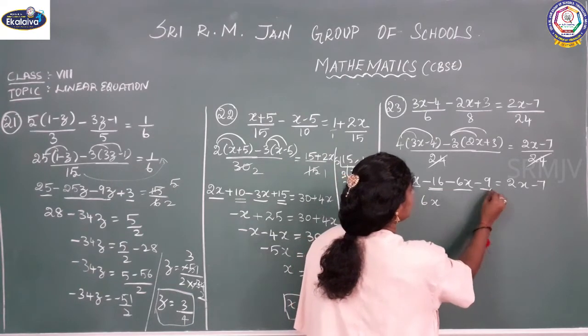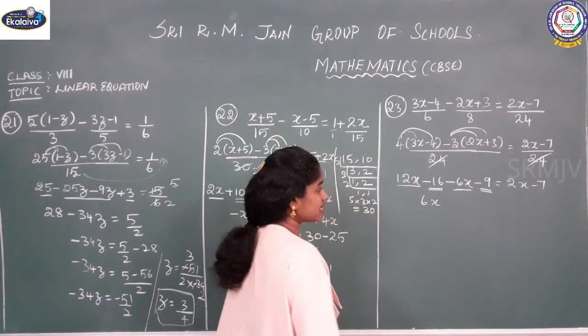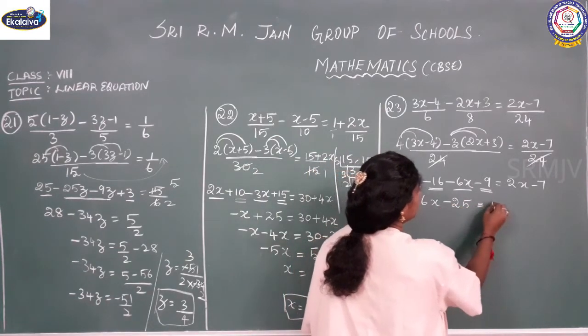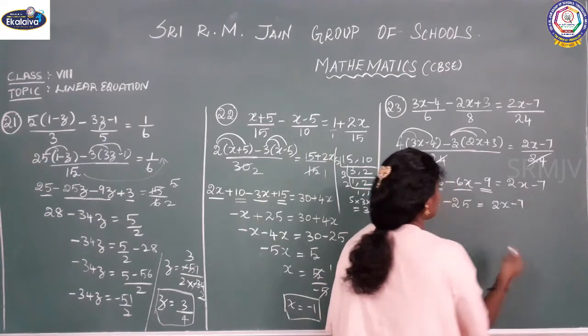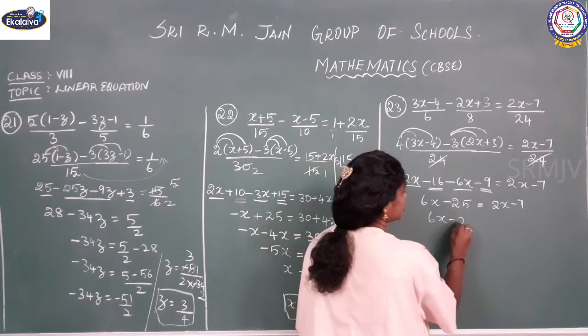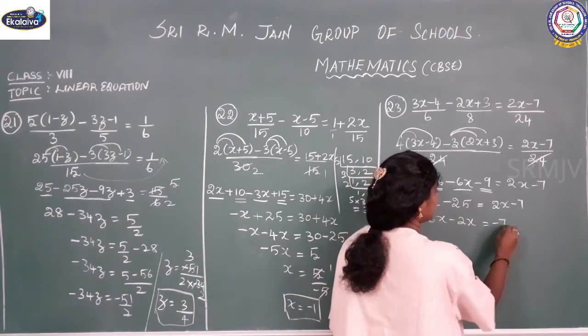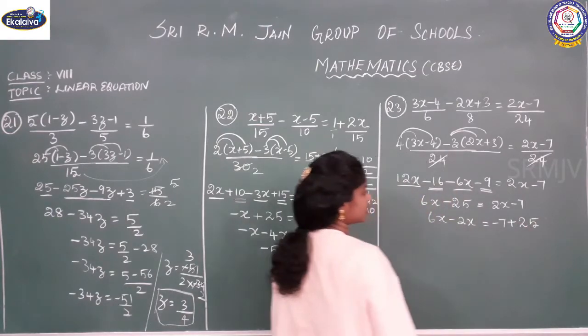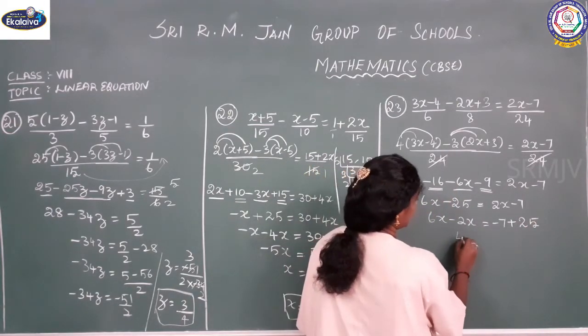Minus 16 minus 9 I'll get minus 25. Equal to 2x minus 7. Now I'm going to bring all the x on one side and numbers on one side. So 6x minus 2x is equal to minus 7 plus 25. What is 6x minus 2x? 4x.